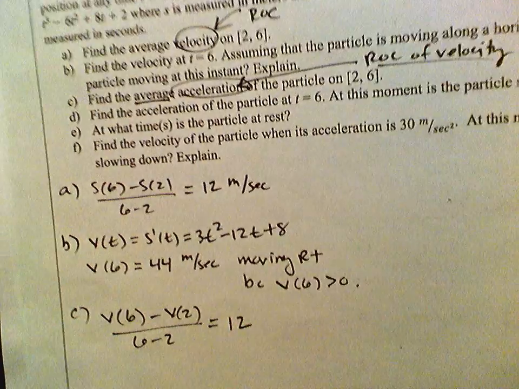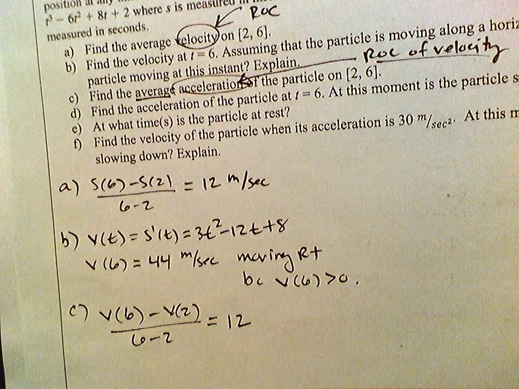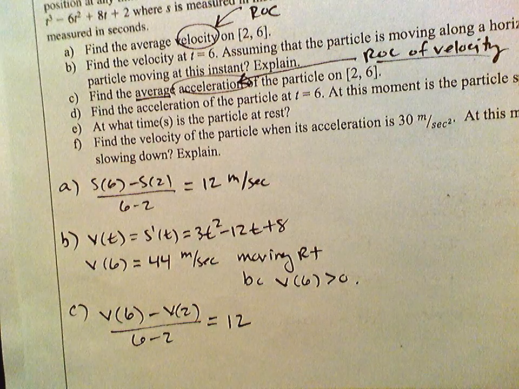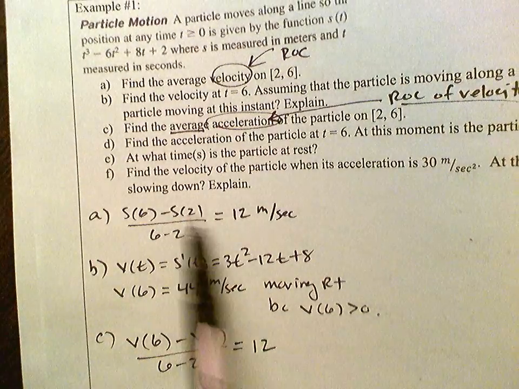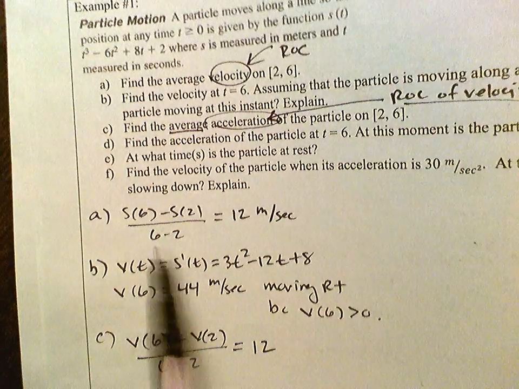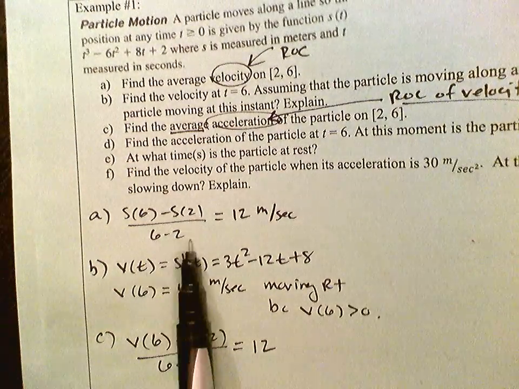Now the units, if you're in physics, you probably already know this, but the units are kind of funny for the second derivative, for acceleration. Up here it was meters per second, because these values were changing in meters, and these bottom values are seconds. So we had the change in meters over the change in seconds.